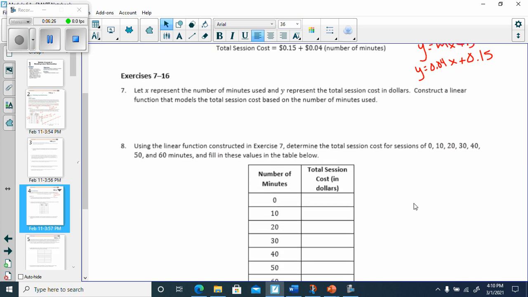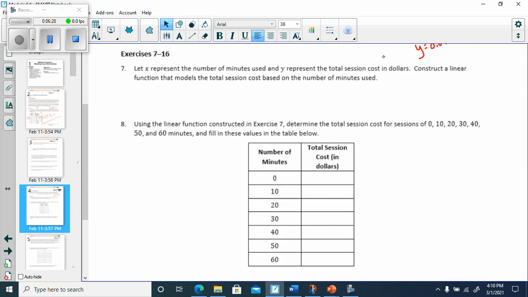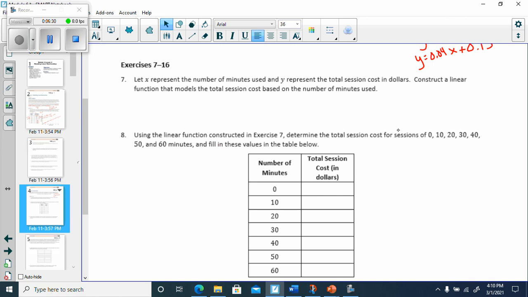Now they want us to fill out the chart here. Well, if my equation was Y is equal to 4 cents per minute times the number of minutes plus 15 cents, let's fill out our chart. What about at 0 time? Y is equal to 4 cents per minute times 0 minutes plus 15 cents.